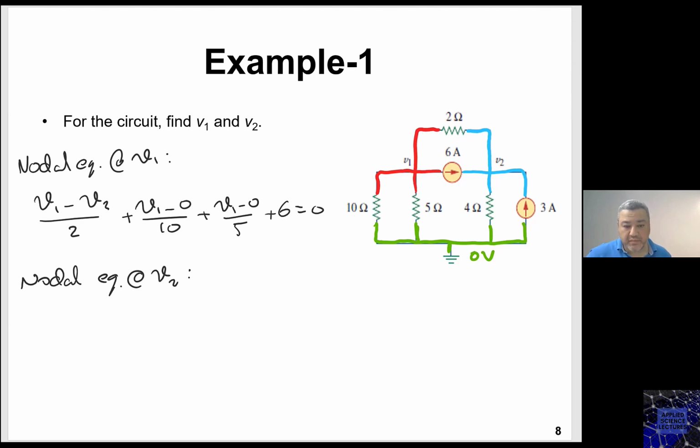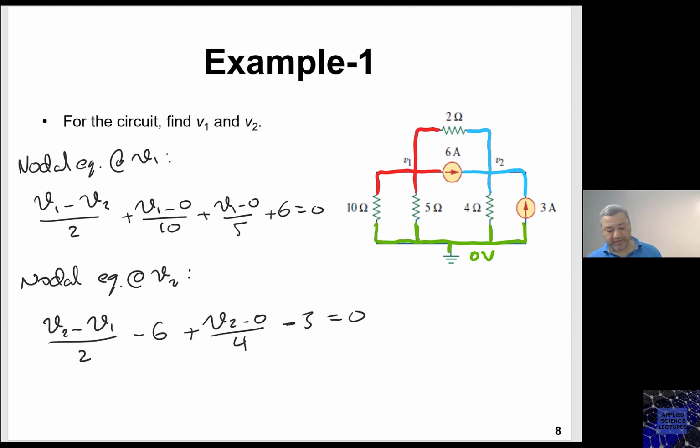The nodal equation of V2 would be V2 minus V1 over 2 ohms minus 6 amps plus V2 minus 0 over 4 ohms minus 3 amps equals 0. Yes, that's correct.